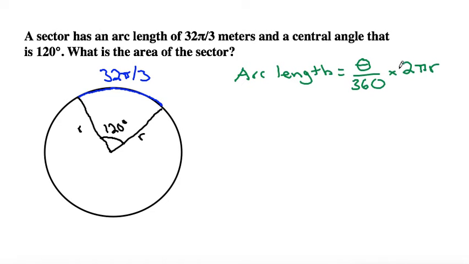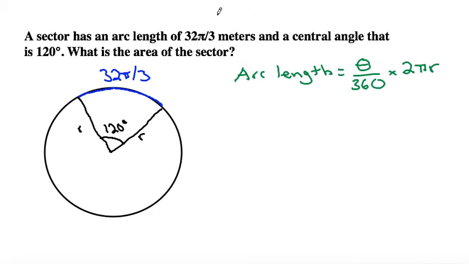Notice the arc length is a piece of the circumference. The circumference formula is 2 pi r to go all the way around the circle, but if we do the angle divided by 360, that gives us the fraction of the circle that we are spanning.